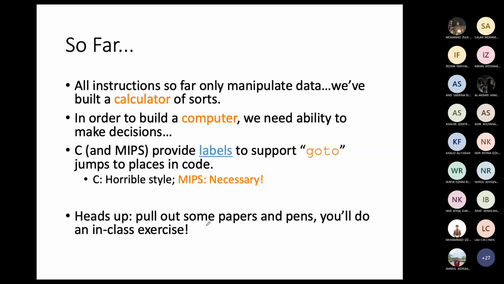So far, all instructions only manipulate data. So we have built a calculator sort of instruction set, right? In order to build a computer, we need the ability to make decisions. C and MIPS provide labels to support go to, jumping to places in code.